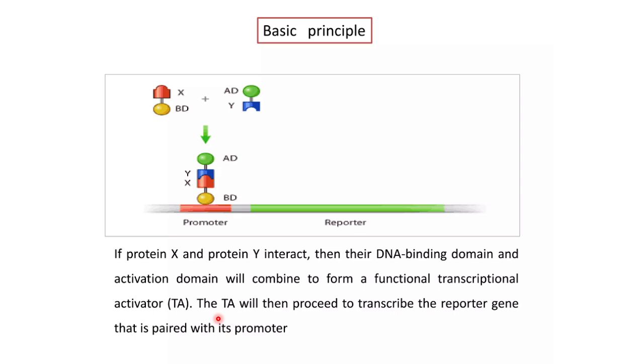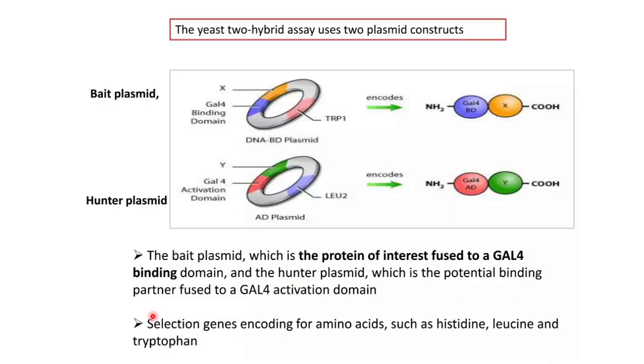So the basic principle is that if protein X and protein Y interact, then the DNA binding domain and the activation domain will combine to form a functional transcriptional activator. The transcriptional activator will then proceed to transcribe the reporter genes paired with its promoter sequence. So you have the bait plasmid where you have the GAL4 binding domain, which is the commonly used one, and X, one protein, with the N and C terminus.